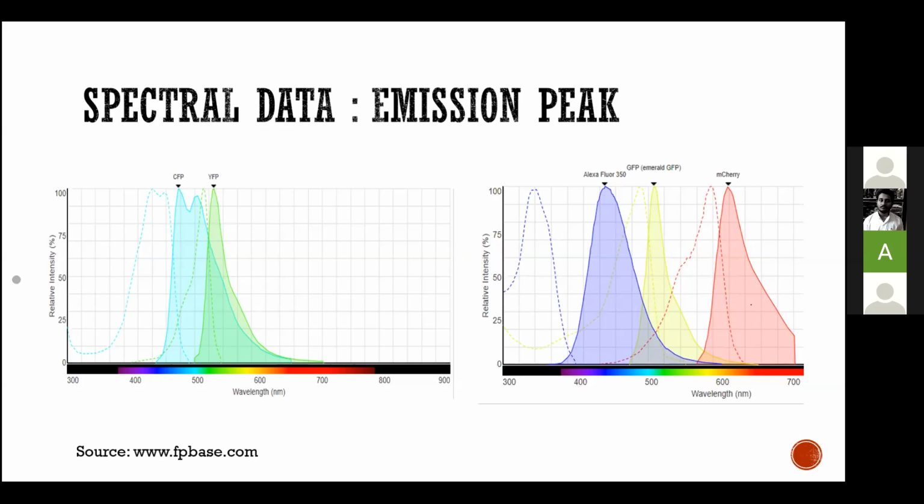You can only use Alexa Fluor 350 to show maybe another kinase or any other protein you want to map inside the cell, and then use mCherry to show maybe a third kind. So maybe let's say in a cell you're visualizing mitochondria, the nucleus, and Fyn in the cytoplasm.